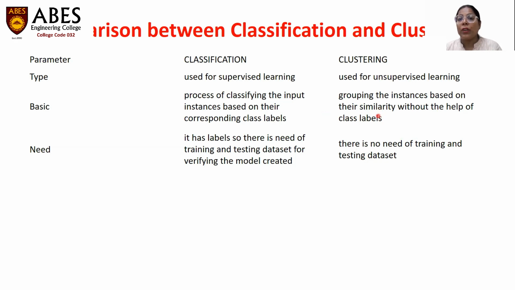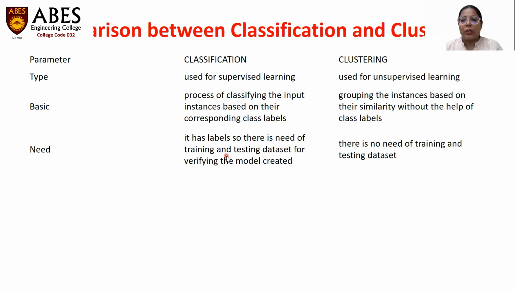That means in case of clustering, you don't have cluster A, cluster B, and cluster C, and when the student comes, you say you join cluster A or cluster B. In clustering, what will happen? We will group the students based on their roll numbers or based on similarity. That will be the roll number. And then we will say this is cluster A and this is cluster B and so on.